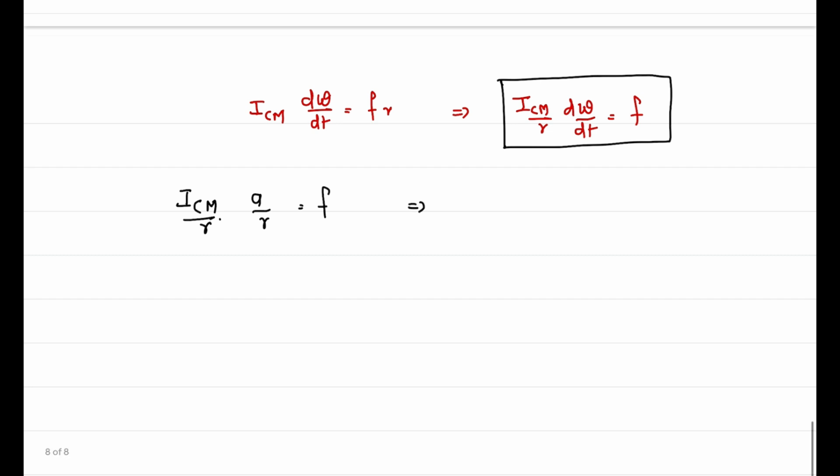That means frictional force, for this particular case, is equal to ICM by R square into A.